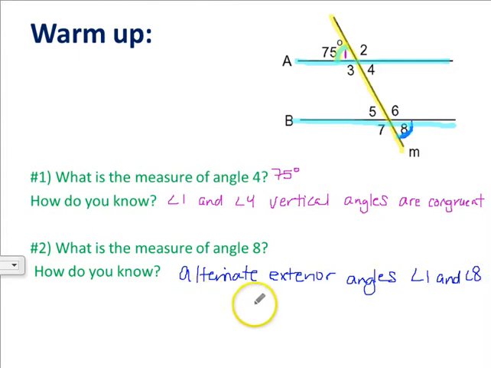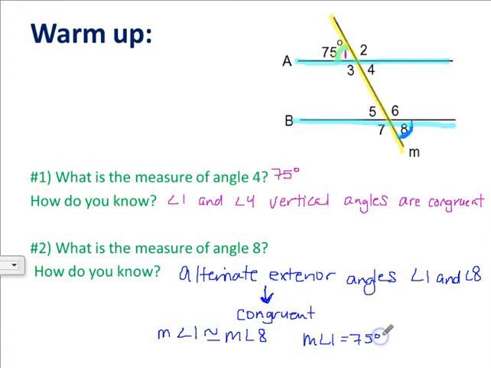And what do we know about alternate exterior angles? We know that they are congruent. Therefore, we know that the measurement of angle 1 is going to be congruent to the measurement of angle 8. And we know that the measurement of angle 1 is 75 degrees.